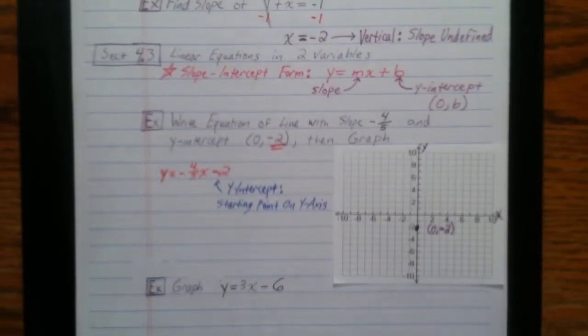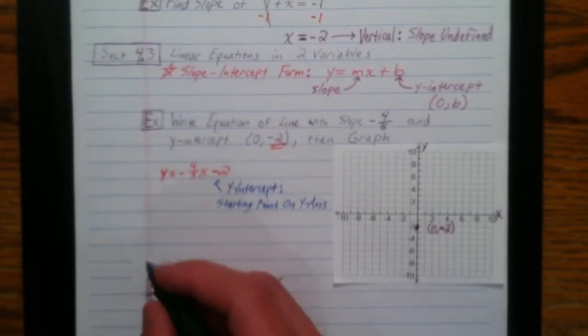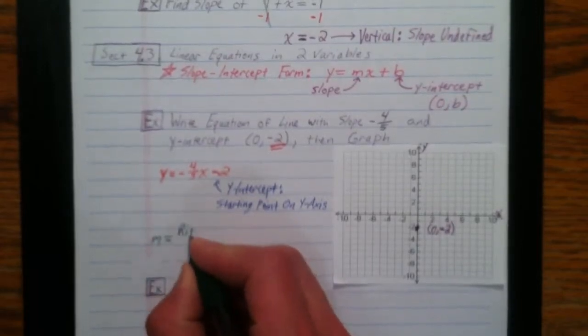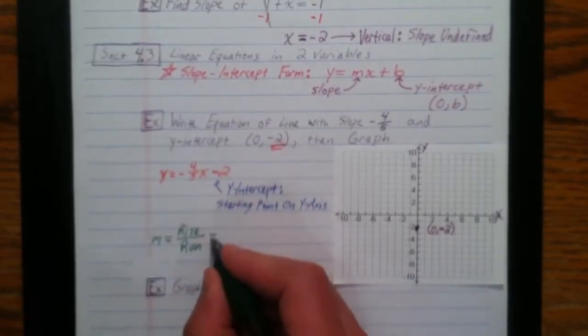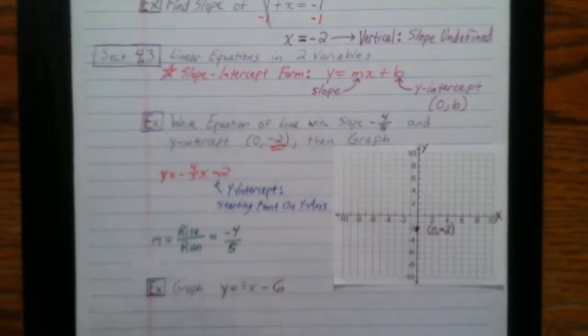So from there, we then can use the slope to tell us how to move from point to point. And to do that, we want to think of our slope as rise over run. So our slope is our m value, the number attached to x, which is -4/5. So we want to think of this as rise over run, -4/5.